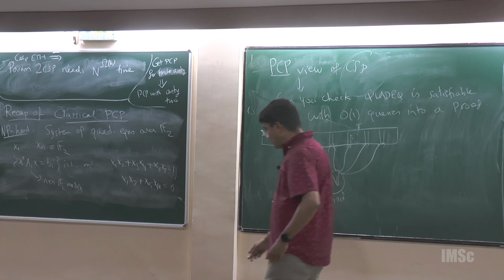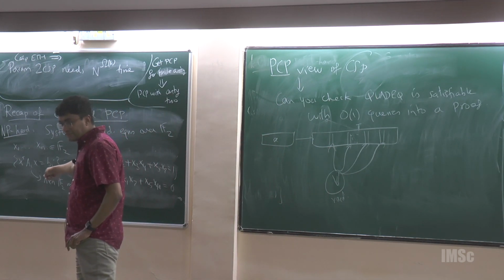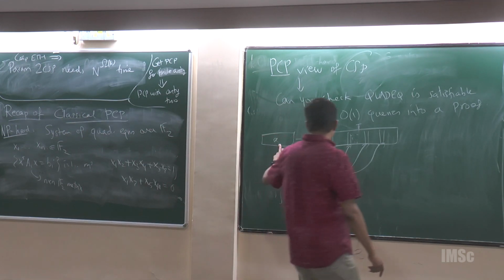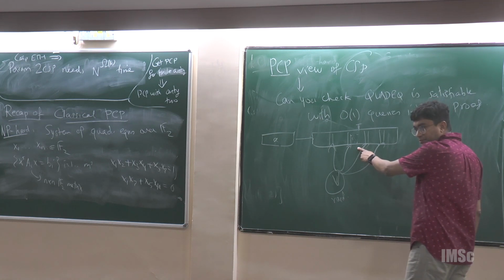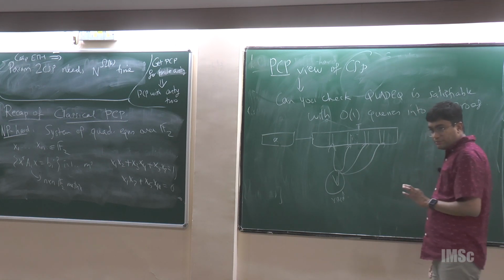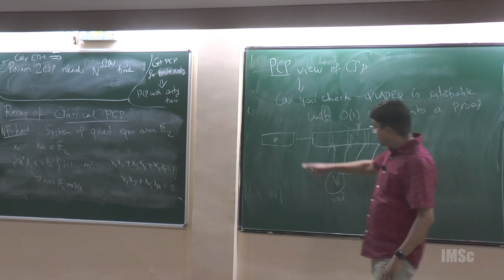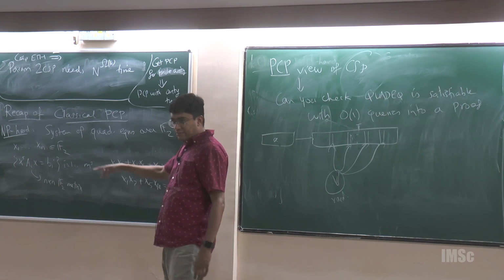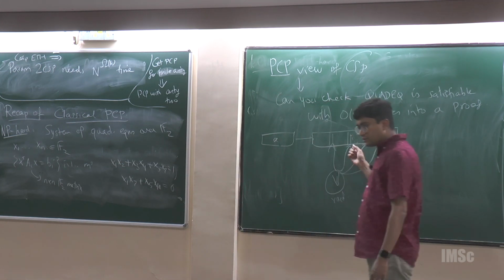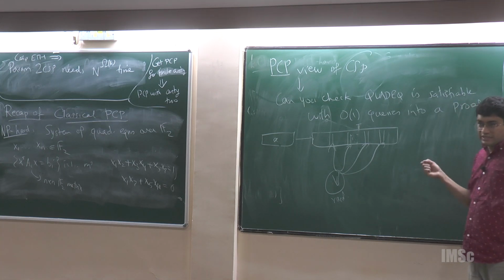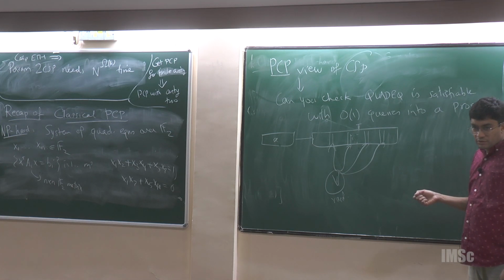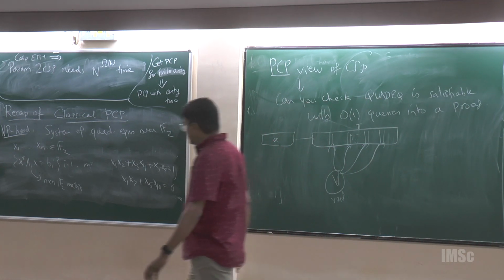The property you would want is that if this instance is satisfiable, you can take a satisfying assignment, encode it in this PCP view, and it will always accept. But if there is no satisfying assignment, then no proof you write will work with high confidence.